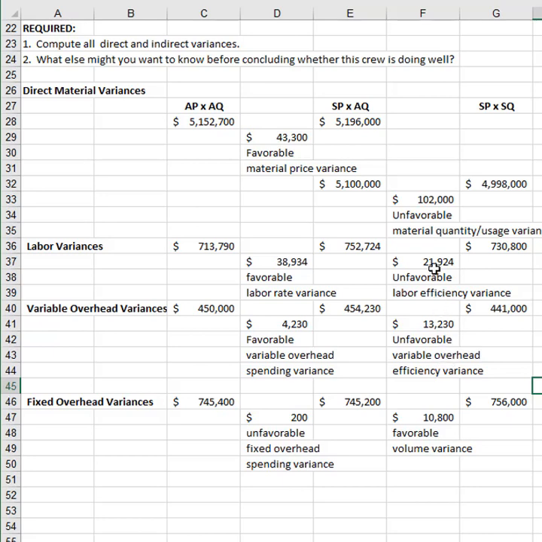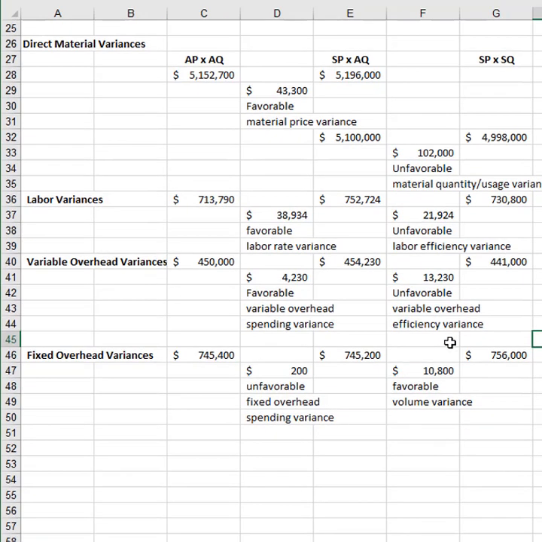The variable overhead variance is mirroring the labor variance in terms of unfavorable, because the variable overhead apparently is very tied to the supporting costs for labor. So when labor goes up, so do the related overhead costs that support labor, the hiring and the services and the bunk cost and feeding them and whatever else you have to do for the crew on a cruise boat.